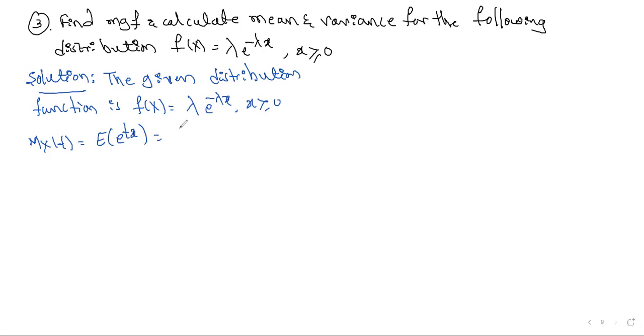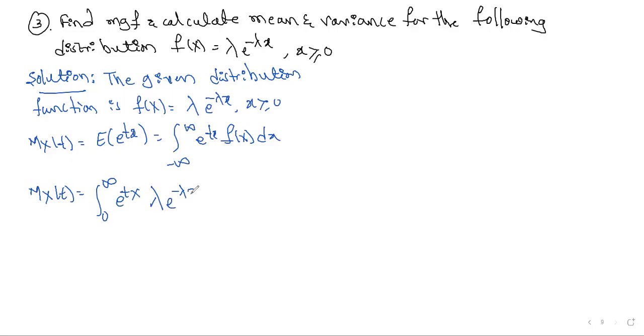What is the formula for the continuous case? That is the integration from minus infinity to infinity of e power tx f of x dx. But here x starts from 0, that is 0 to infinity e power tx. F of x is lambda into e power minus lambda x dx.